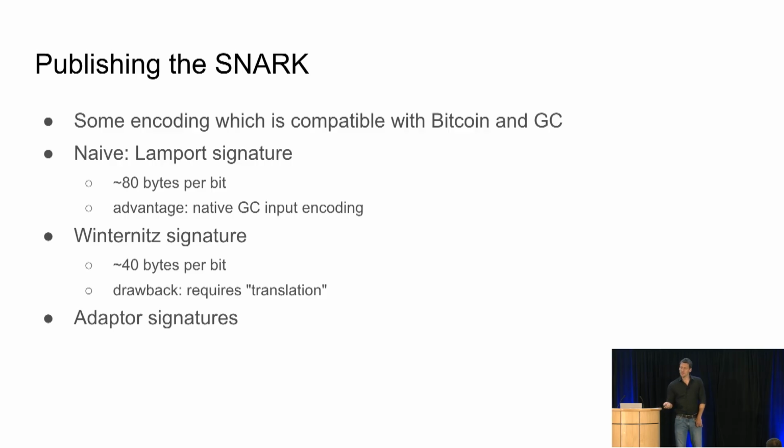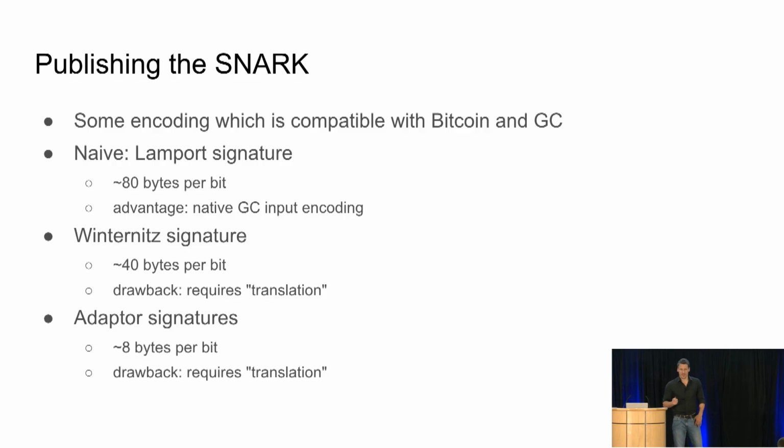And then people came up with another idea. They used adapter signatures, which has been a topic in Bitcoin for quite a while. It's similar to hash locks, actually, but based on signatures. And this brings it down to roughly 8 bytes per bit.